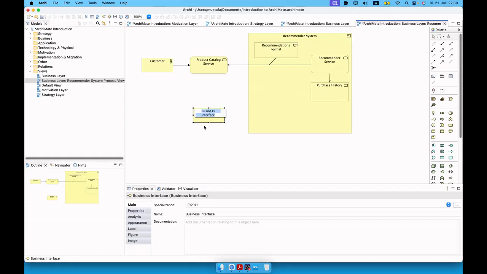So assuming in our use case we are trying to make the recommender system a universal product that could be used by third parties, by other services. So in this case we need a business interface, and let's call it the recommender APIs.